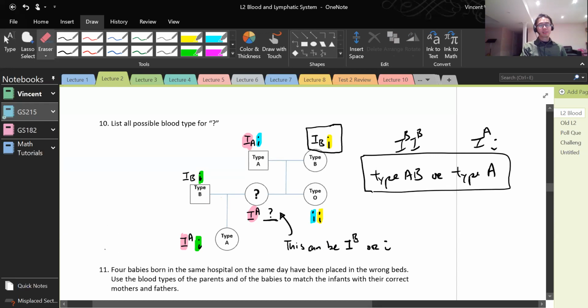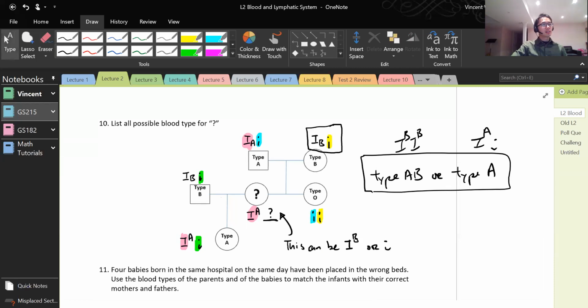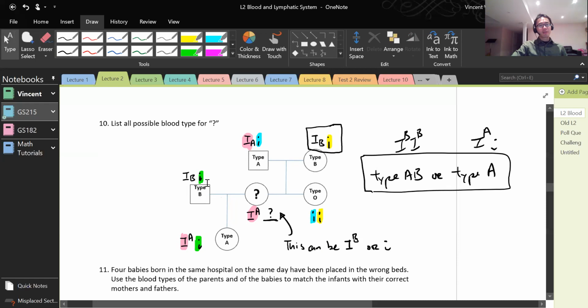We will never know. There's another question in the chat. How are we able to tell for type B, but not for type A? Again, for type B, we know it is IB small i, because over here, the A must have come from the mother. The A could not have come from the father, because if it did, it would have been AB blood and not B blood. That's the first thing to understand.